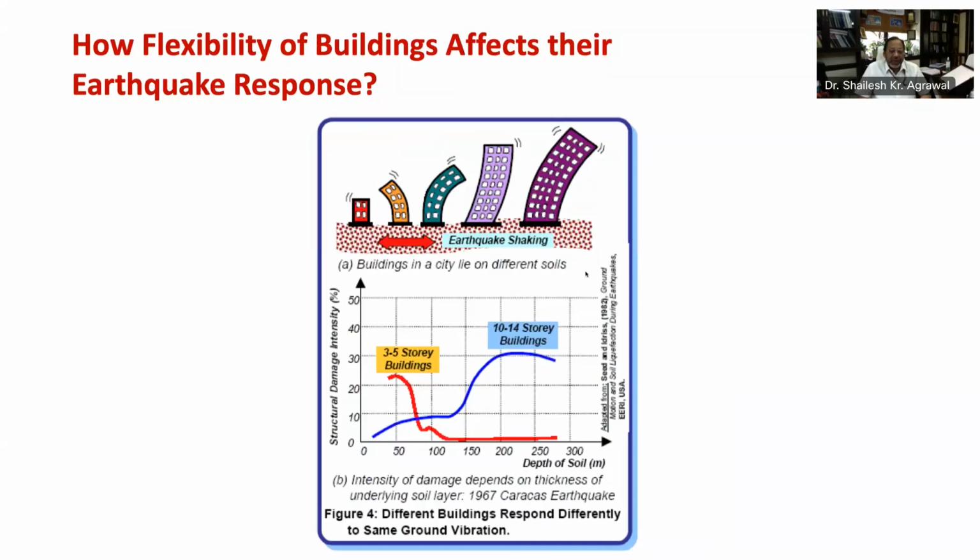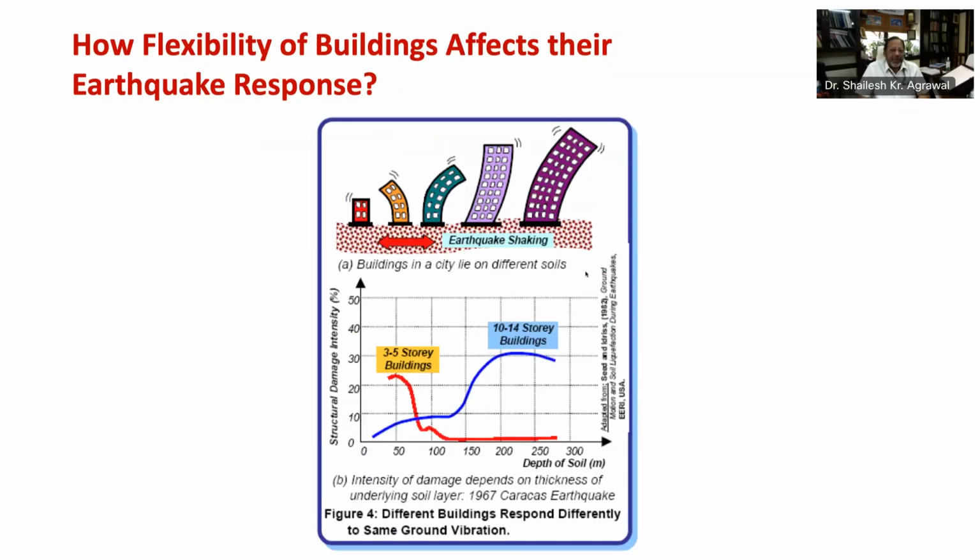If the ground is shaken back and forth by earthquake waves that have short period, the short period buildings will have larger response. Similarly, if the earthquake ground motion has long period waves, the long period buildings will have larger response. Therefore, depending upon the value of T of the building and on the characteristic of ground motion, that means the period and intensity, some buildings will be shaken more than the others.